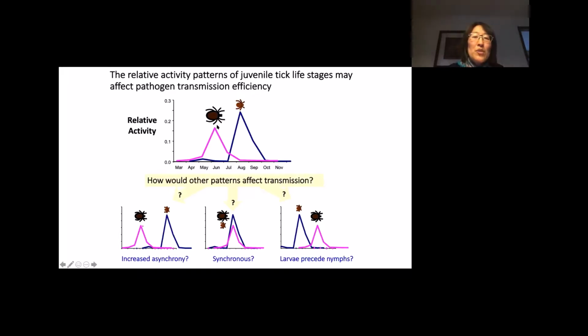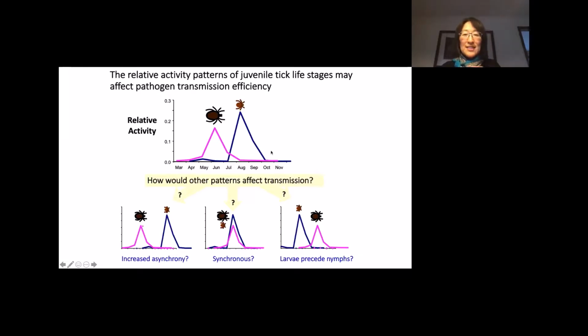So you have in pink the nymphal tick, and its relative activity, from March to November, and then you have the larva in the blue curve. And so what you see is that you have nymphs host seeking before larvae, and you have this because you have a 2-year life cycle. So nymphs, the first stage that can be infected, when they feed on hosts in June, they feed and feed and feed on the host community.